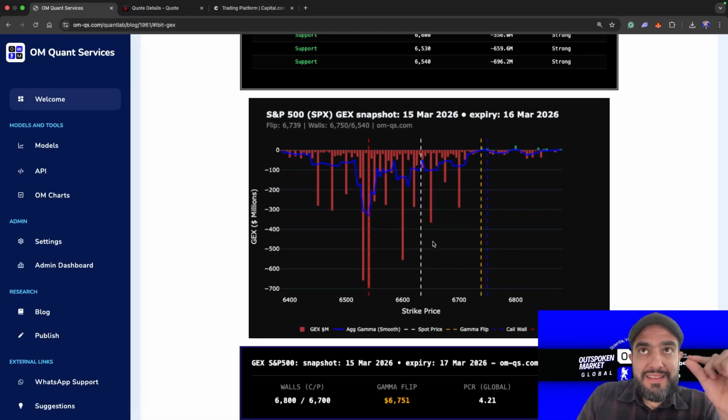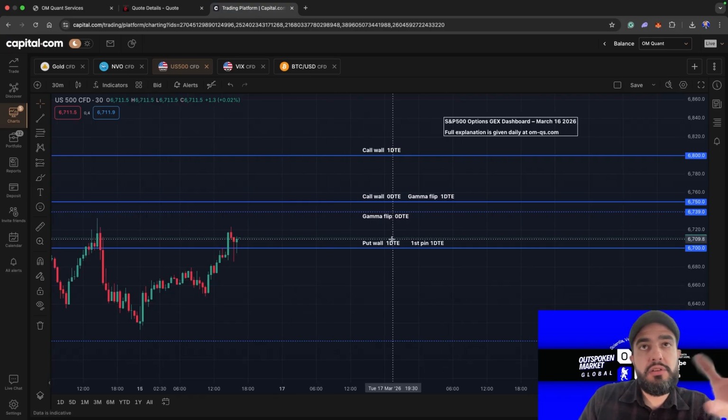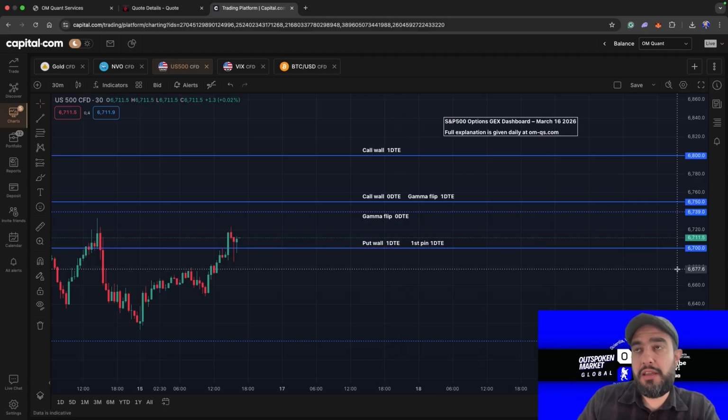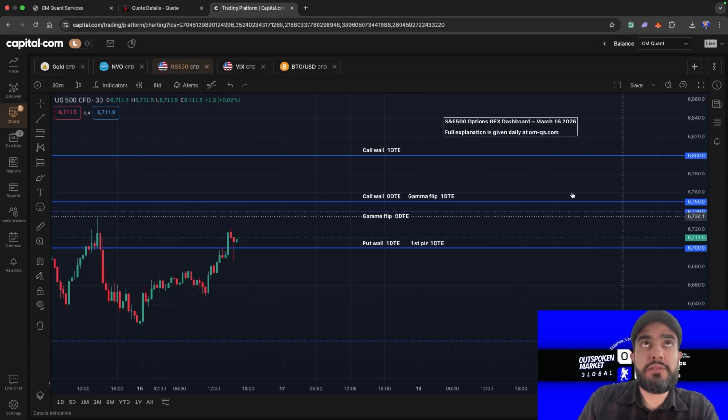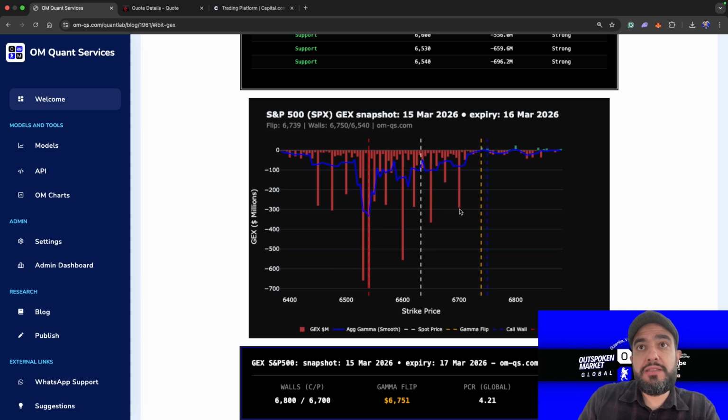Also, these large bars are the places where eventually you will face a bit more of a challenge to overcome. Here you see that it coincides with the put wall for 1 day to expiration, meaning tomorrow, at 6,700, exactly one of the biggest bars we have over here. And the price is accelerating towards that.